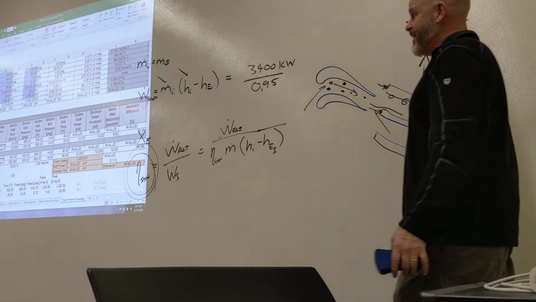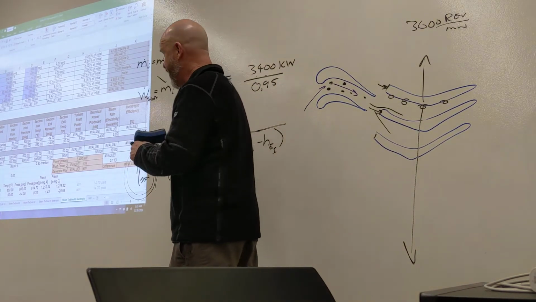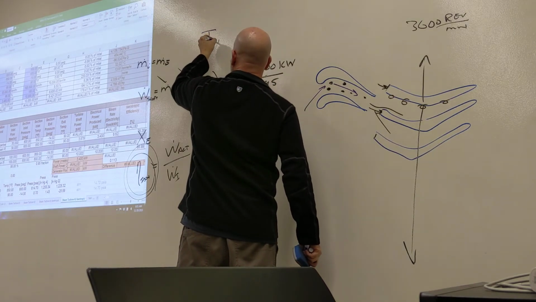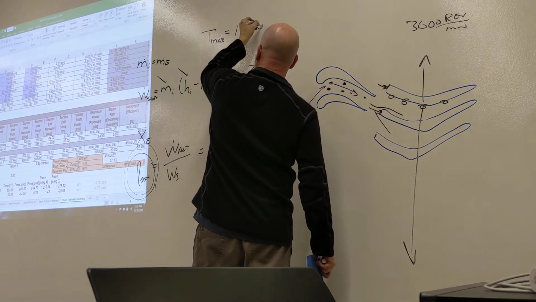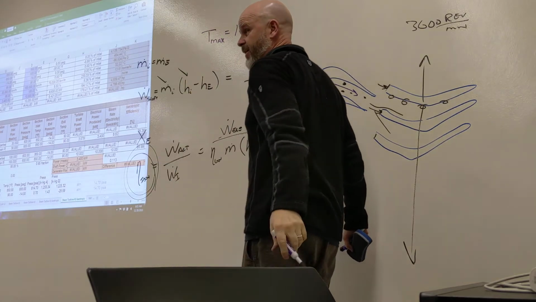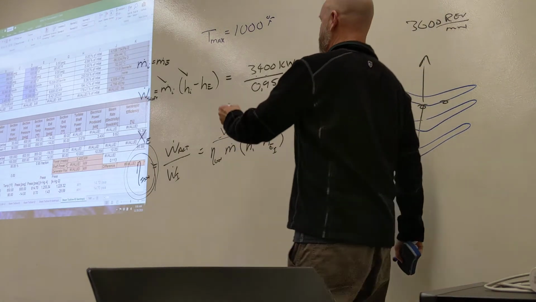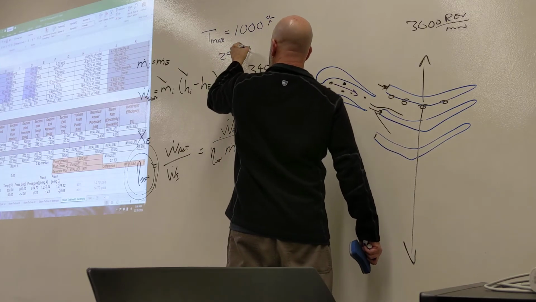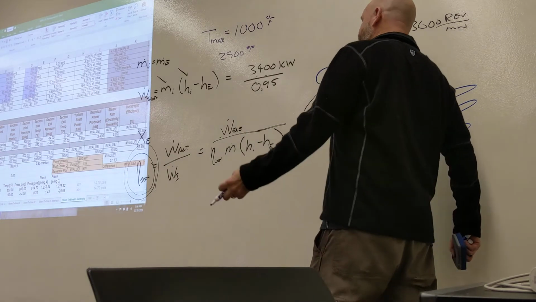It's interesting that for steam systems, the same idea, the maximum temperature of steam is in the neighborhood of 1,000 degrees Fahrenheit. Remember, for gas turbines, our maximum temperatures were upwards of 2,900 degrees Fahrenheit. A lot higher temperature.